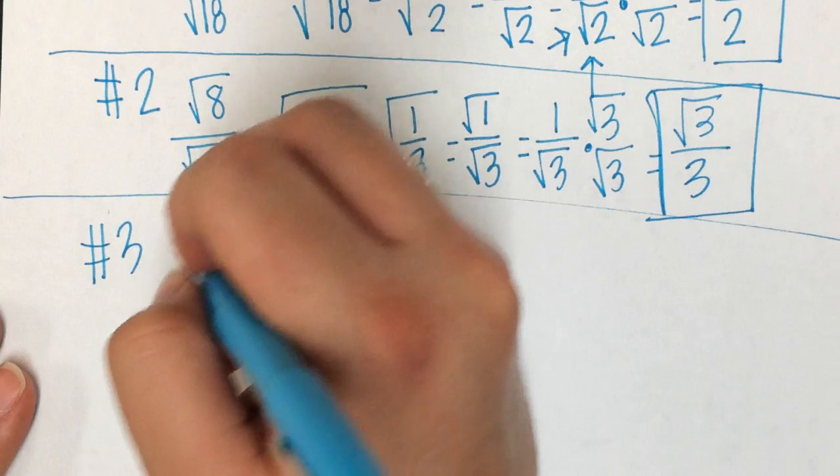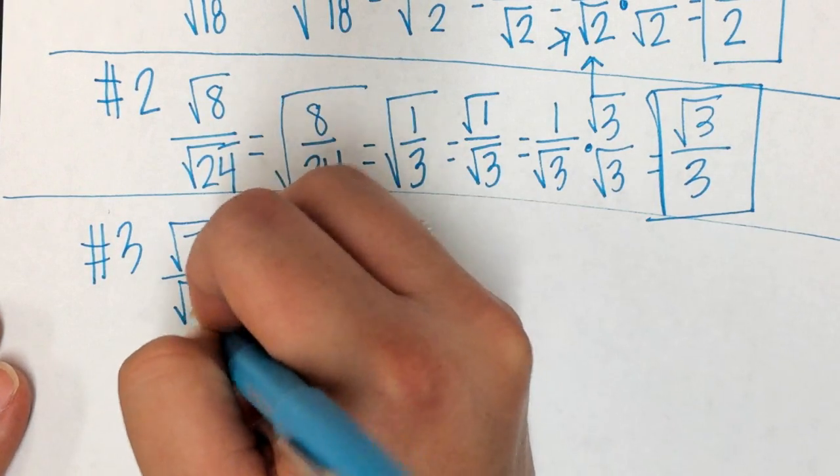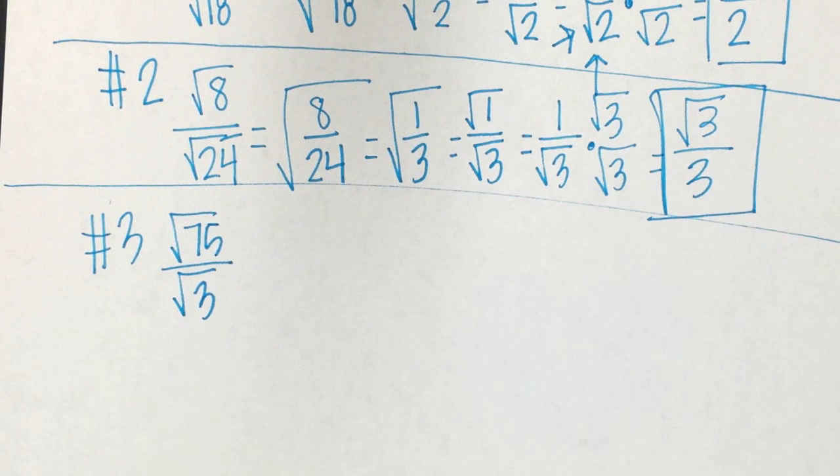Okay? Now, we have square root of 75 divided by the square root of 3. Go ahead and combine those. Divide them and see what you get.